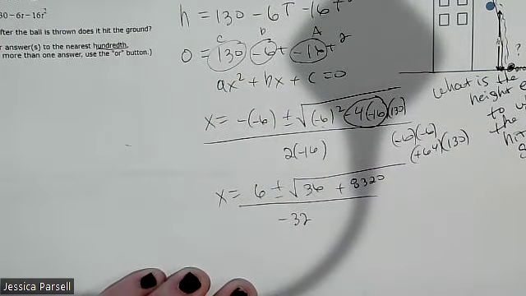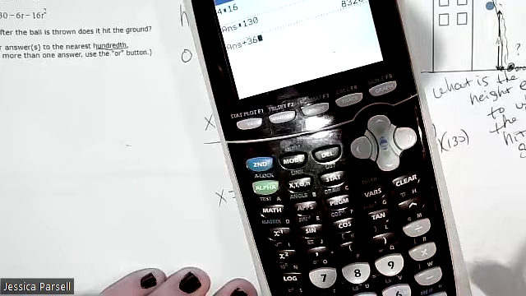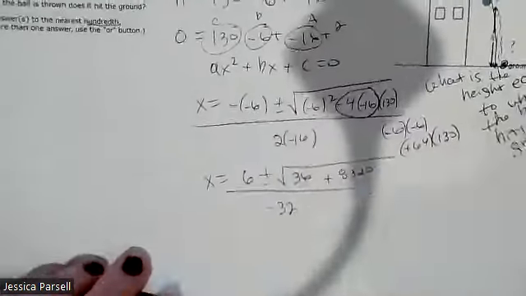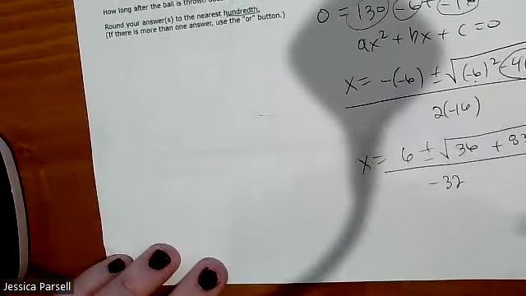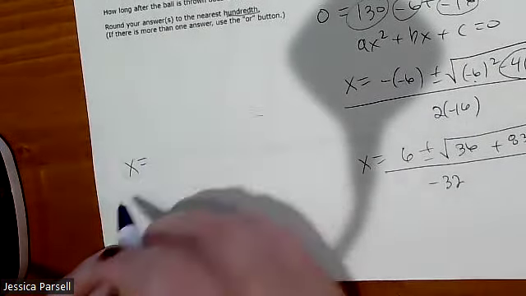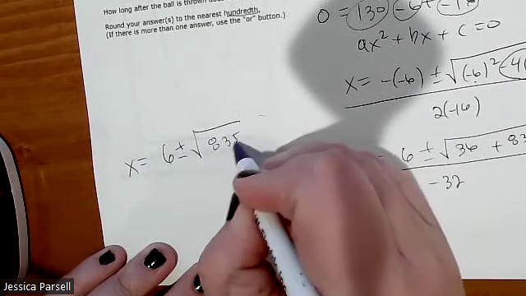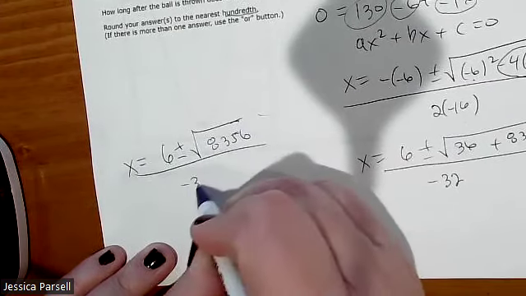Now I need to add 36 to the 8320, and I'm going to get 8356. All right, so I'm going to come over here because I need a little bit more room. X equals 6 plus or minus the square root of 8356 all over -32.